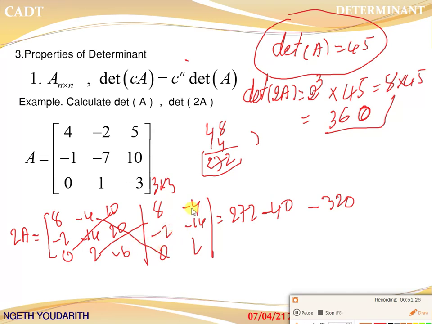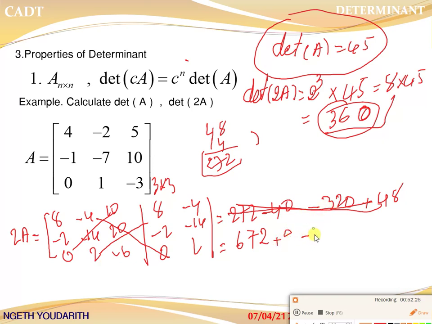And this one is plus 48. So we can calculate this one, which is similar to our earlier calculation. For example, suppose I just omit this one: 8 multiplied by 14 multiplied by 6, and 30 plus 0 and minus 40.